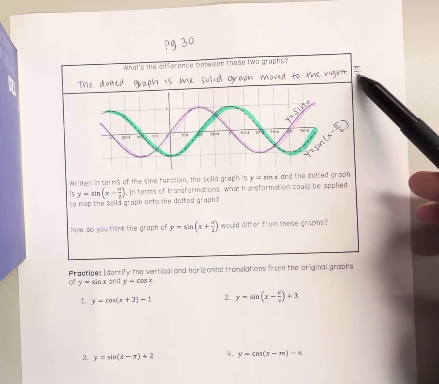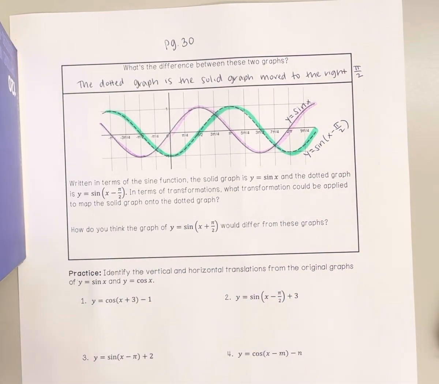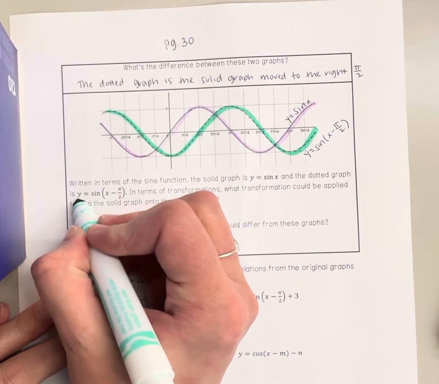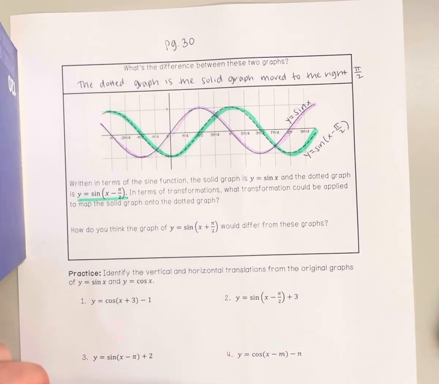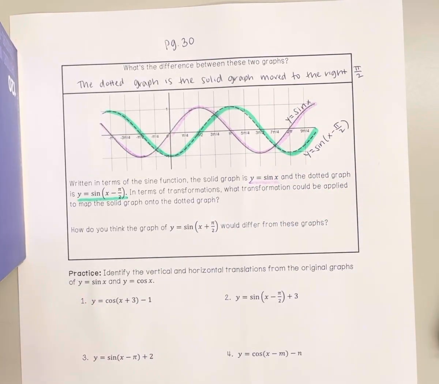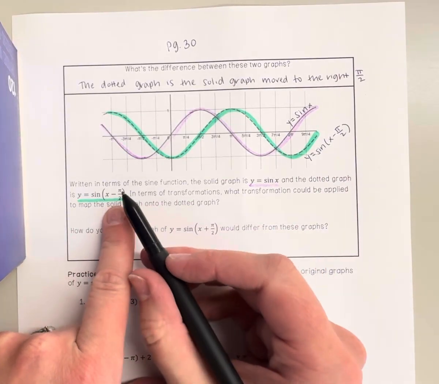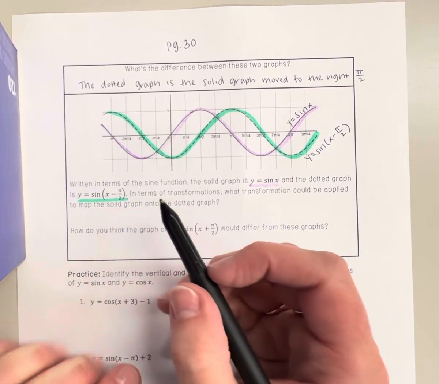So this right movement of pi over 2 translates exactly to this right here. So this function, y equals sine of x minus pi over 2, in comparison to the original, just y equals sine x, the x minus pi over 2 is a shift to the right pi over 2.